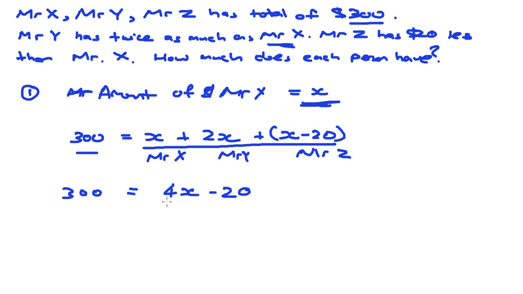So you add 20 to both sides, you get 320 on the left hand side, and you get 4x. So you divide by 4 on both sides, you get x equals 320 over 4 equals 80.